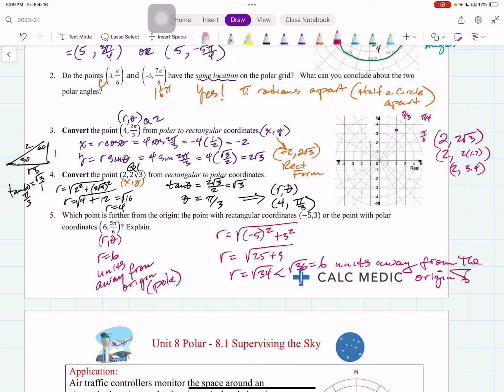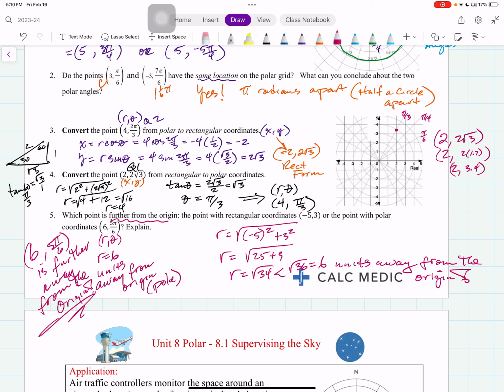Okay, so which one's further? Further away, right? So guess which one's further? Well, (6, 5/6 pi). So this guy, here's our final answer. (6, 5/6 pi) is further away from the origin or the pole, because that's what it's asking.